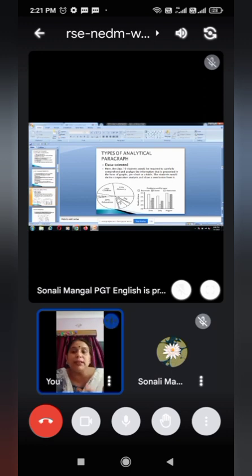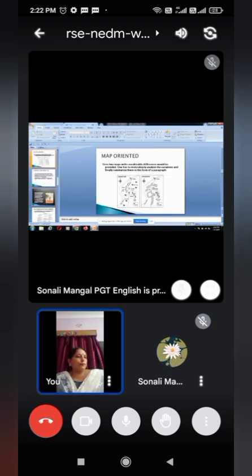As you can see in this PPT, one pie chart is there, one bar graph is there. So you have to analyze them and then you have to do comparative analysis and then you have to draw one conclusion. Some analytical paragraphs can be map oriented.